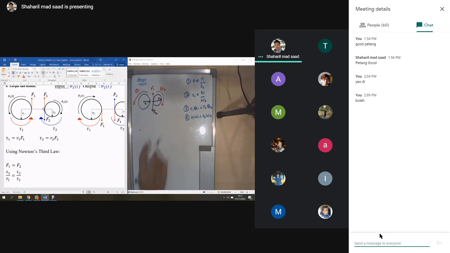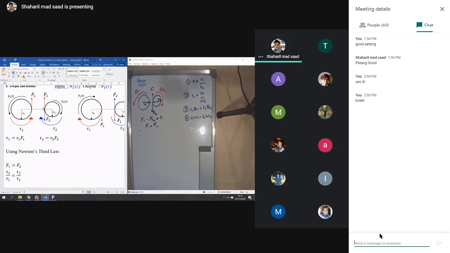Okay. Is it clear, this one? Gear 1 applies force F1 here, and this one will apply force at the opposite direction. So because you will have F1 plus F2, we can say that F1 minus F2 equals 0. So F1 equals F2 here.